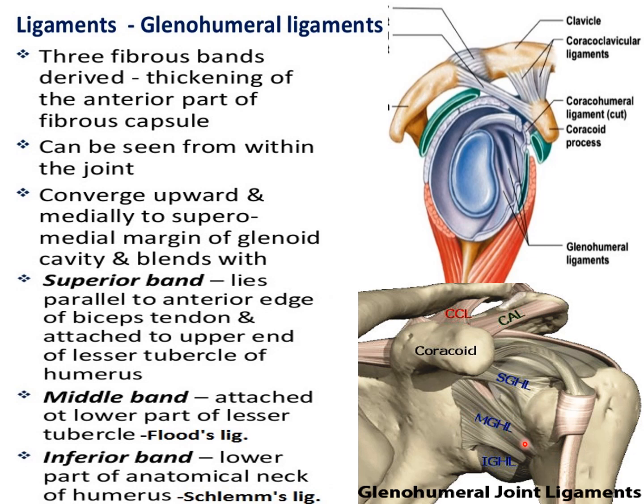It is also known as Flood's ligament. The inferior glenohumeral ligament is attached to the lower part of the anatomical neck of the humerus here, and it is also called Chalmers ligament.